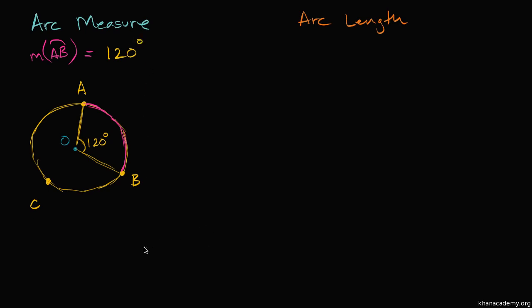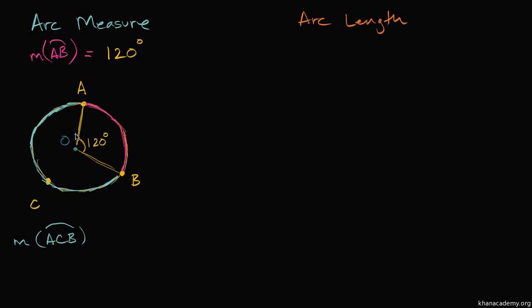Now, some of y'all might be saying, well, what about the major arc? Well, let's write that. So if we're talking about arc ACB, so we're going the other way around, this is the major arc. So what is the measure of arc ACB? Once again, we're using three letters so that we're specifying the major arc.